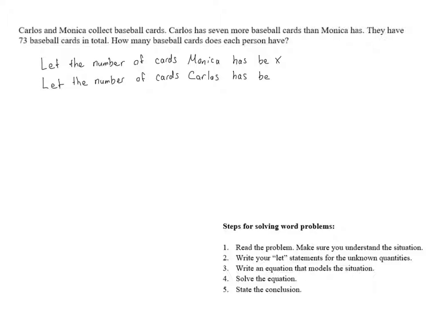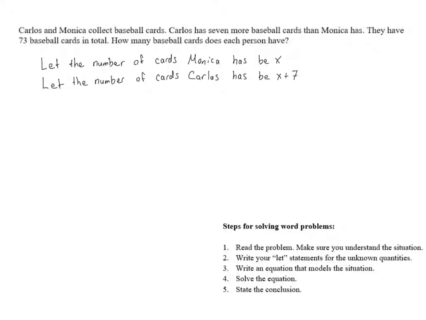Well, if Monica has X baseball cards and Carlos has 7 more than X, that can be represented by X plus 7. So whatever the second unknown is, we need to write it in terms of X. It needs to be an expression with X in it. In this case, it'll be X plus 7.